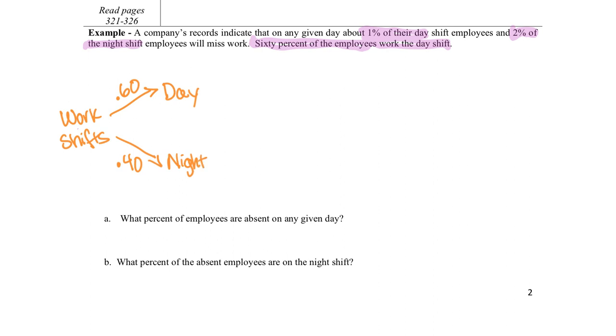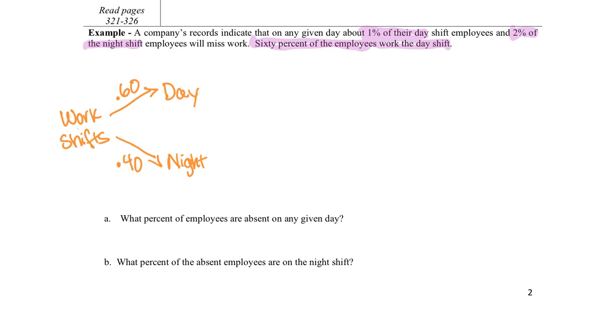So how did I know to start with the day and night shift? It's simple because with 60% and 40%, I knew that this would add up to 100%. I really couldn't get 1% to add up to 100. It wouldn't be 99 because it's not considering the employees who are on the night shift. So there's no way I could get those two to add up to 99%.